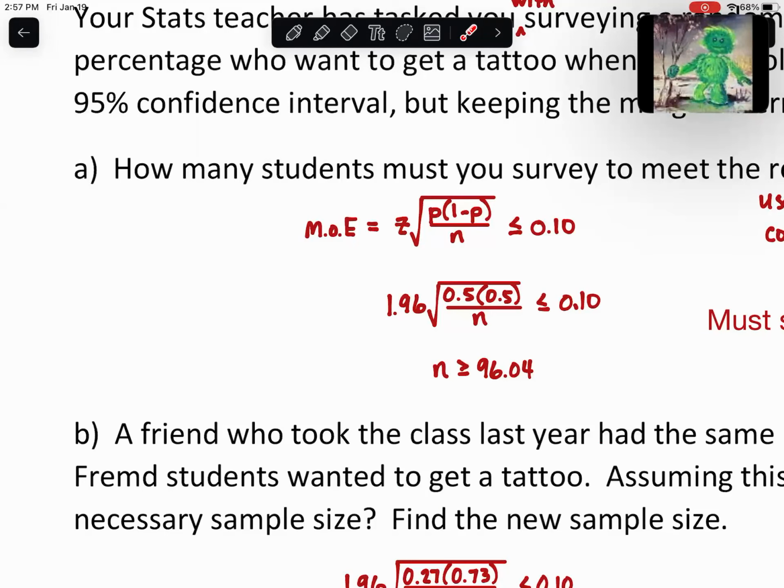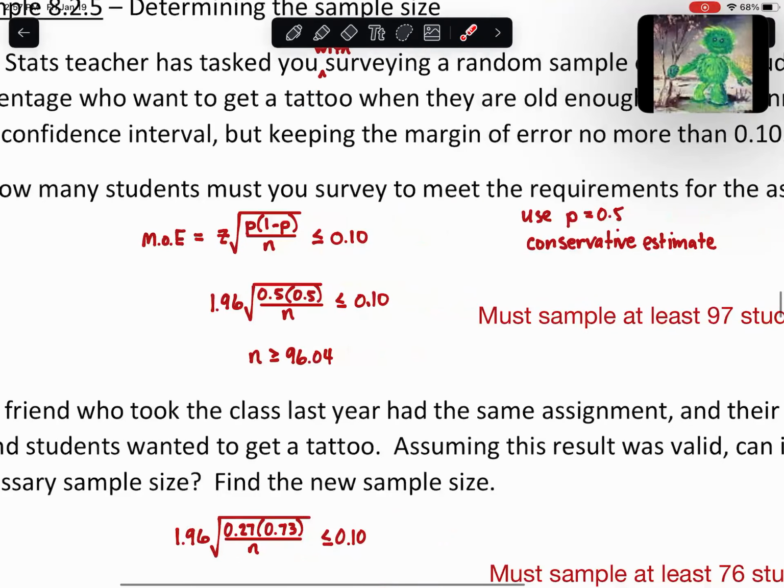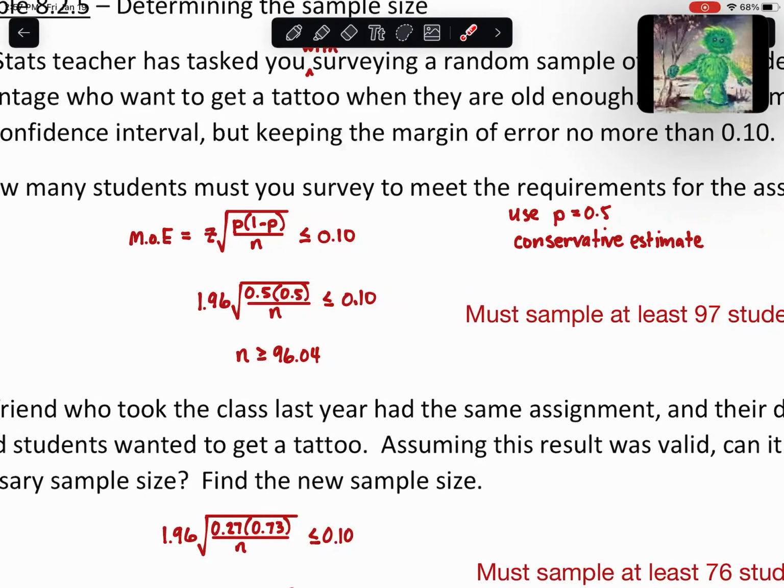If that's the case, then you should use 0.5 as your plug-in for p. 0.5 is considered the most conservative possible estimate, because 0.5 is the value that you would plug in that maximizes this expression.